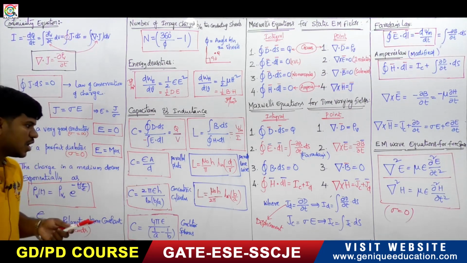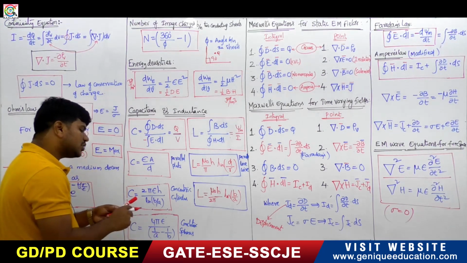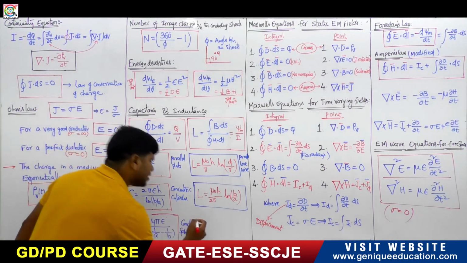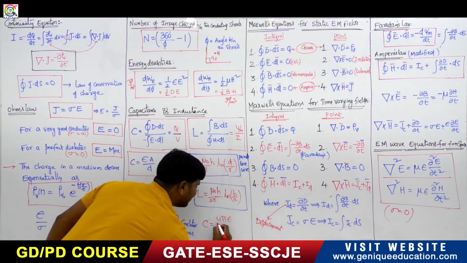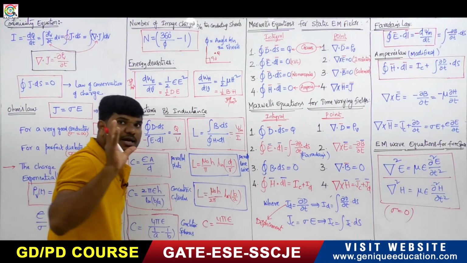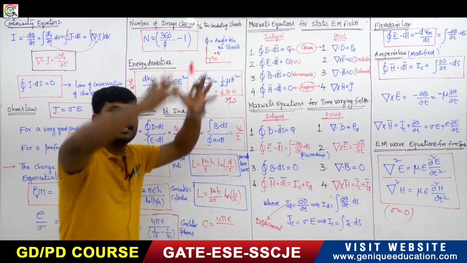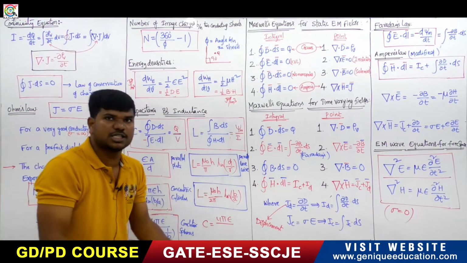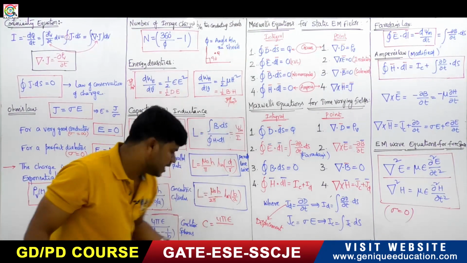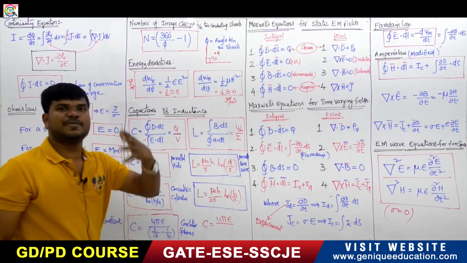Suppose you take an isolated sphere, then what will be the capacitance? The capacitance will be 4 pi epsilon divided by 1/a. What is meant by an isolated sphere? Isolated sphere means the outer conducting sphere will be at infinity distance. If b is infinity, then 1/b will be 0.